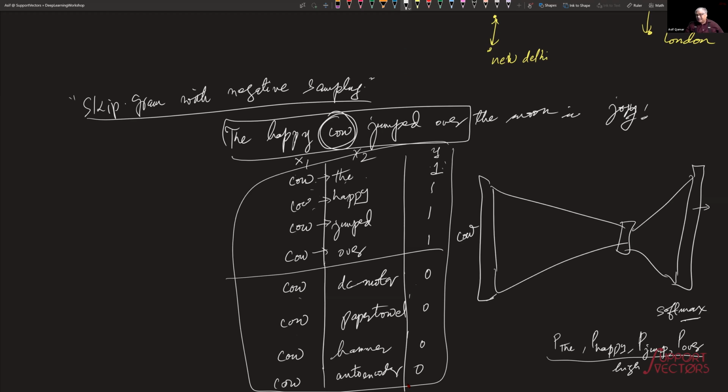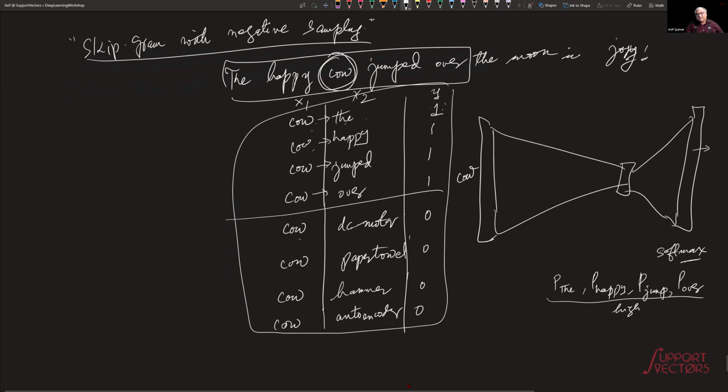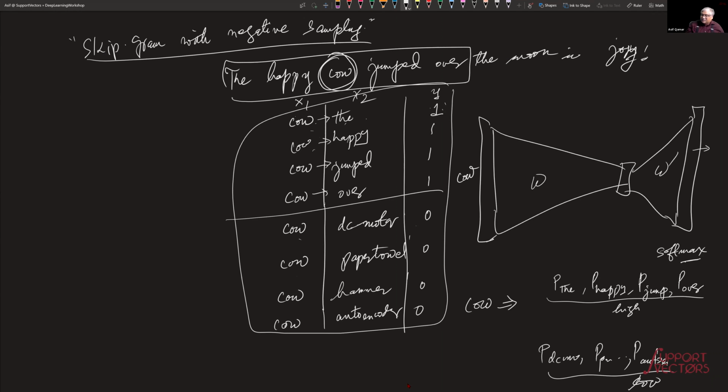And at the same time, you train the neural net, or your weights again W prime, in such a way that in this particular situation with cow as input, the probability of DC motor, of paper towel, etc., of autoencoder is low. You want these probabilities to come out low. Are we together? So once again, you write the same cross entropy loss, and then you start training the network.